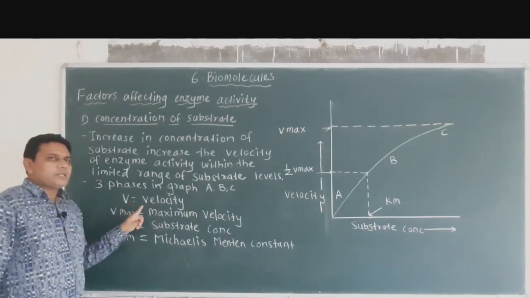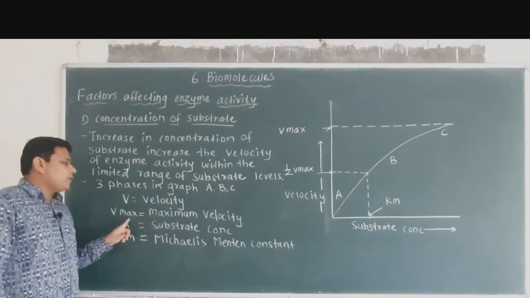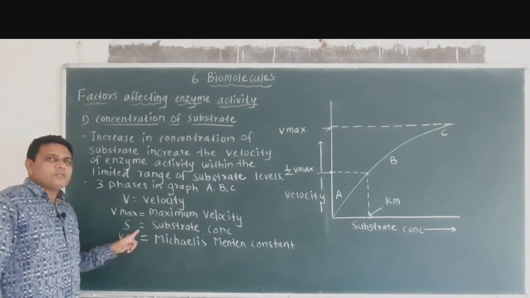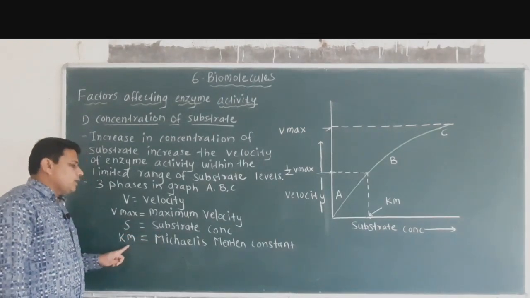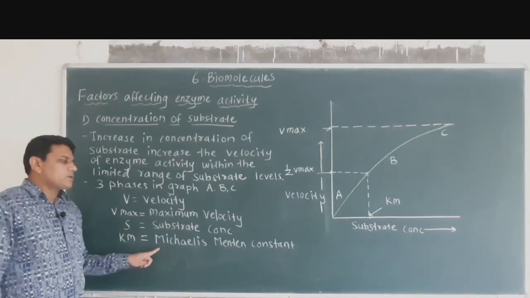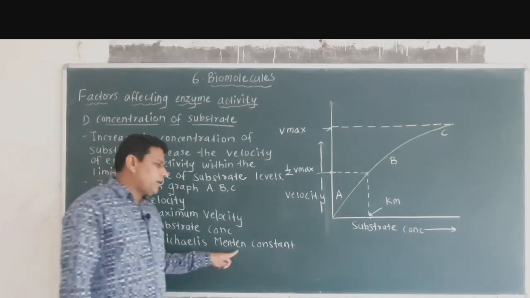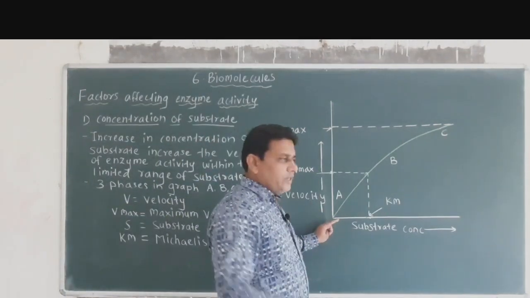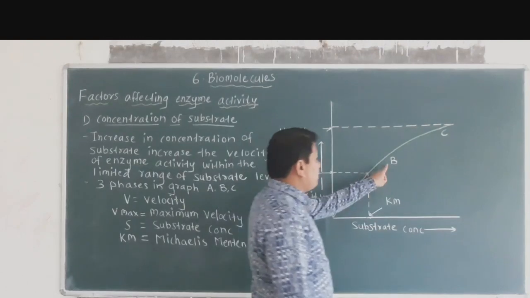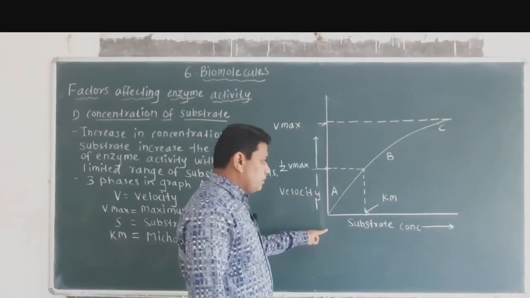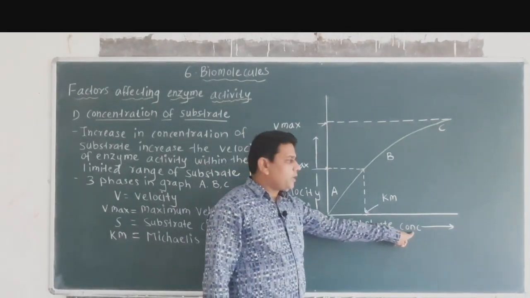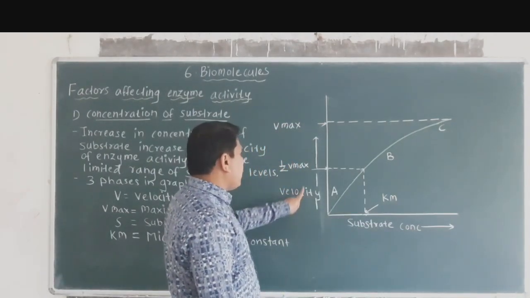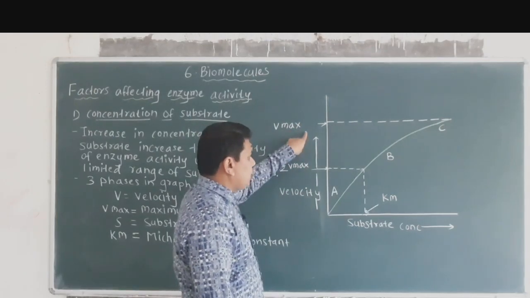Now V stands for velocity, then V max means the maximum velocity, then S is the substrate concentration, then Km is called the Michaelis-Menten constant. So here we can see three phases, that is A, B and C. As the substrate concentration increases, the velocity of enzyme activity also increases.